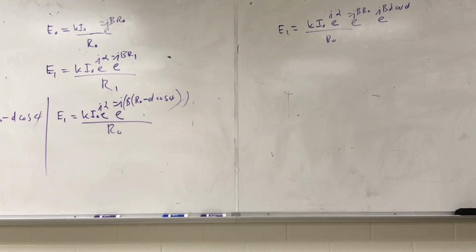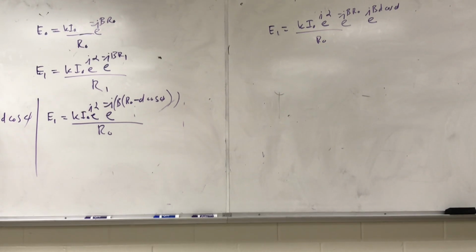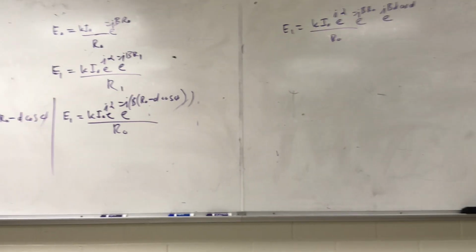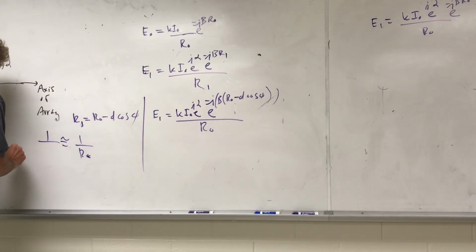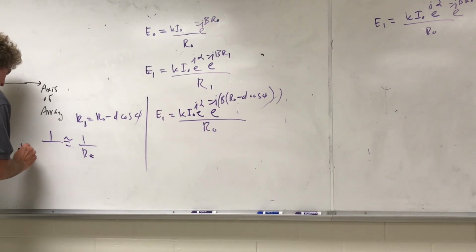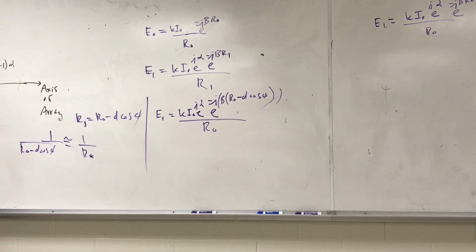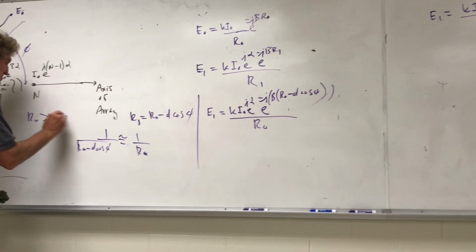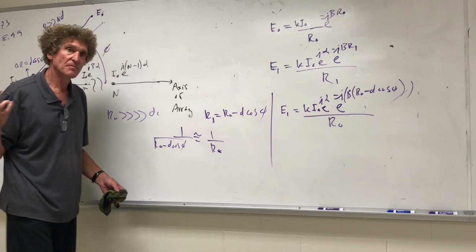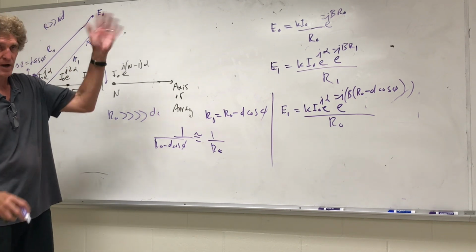Why don't you add anything to the bottom one? Well, if you look at this, R1 is, this is R naught, going to be R naught minus d cosine of phi, right? We're assuming R naught is so much greater than d cosine. No benefit. You're so far away.